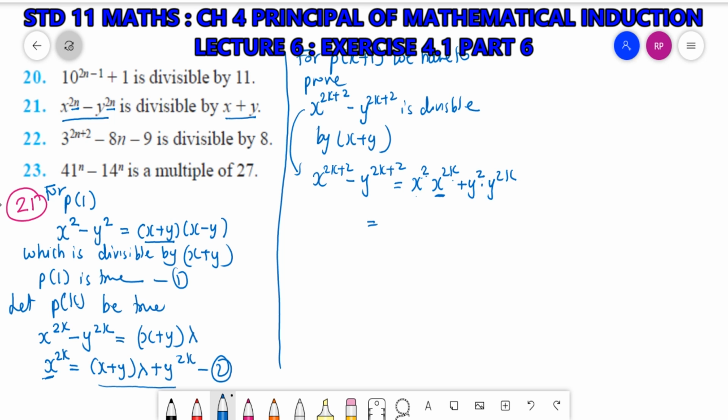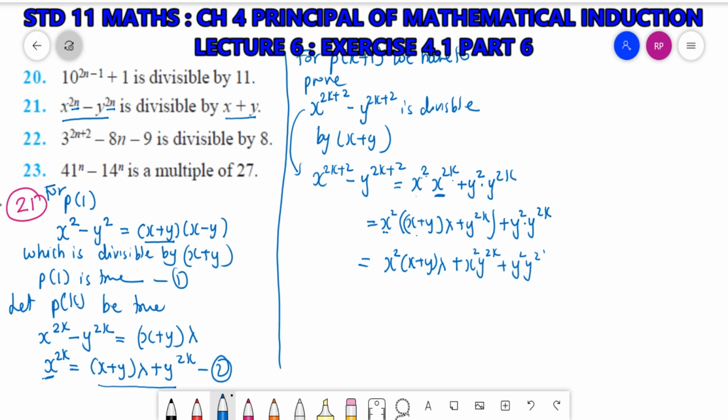Instead of that, I will put x square into (x plus y) lambda plus y raised to 2k, minus y square into y raised to 2k. Clear? So now let's multiply: x square into (x plus y) lambda plus x square into y raised to 2k, minus y square into y raised to 2k.